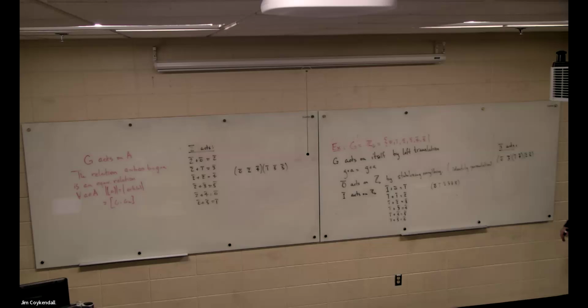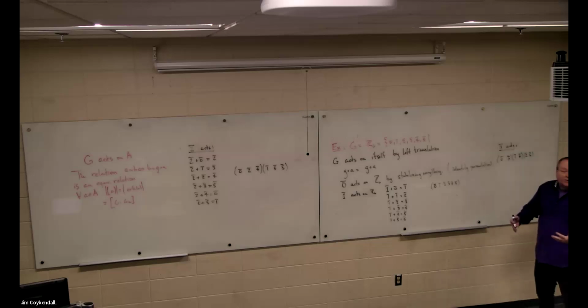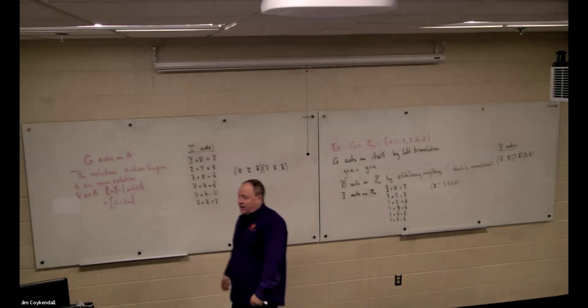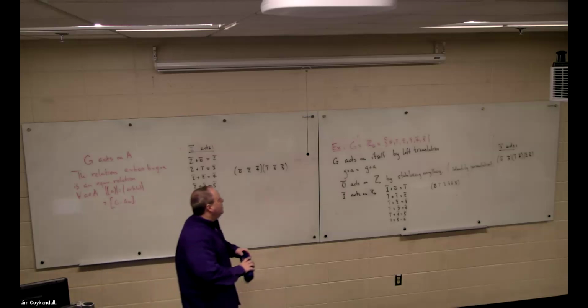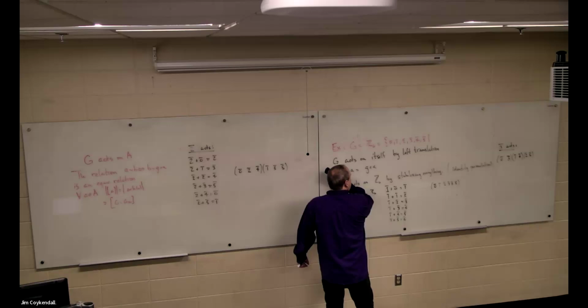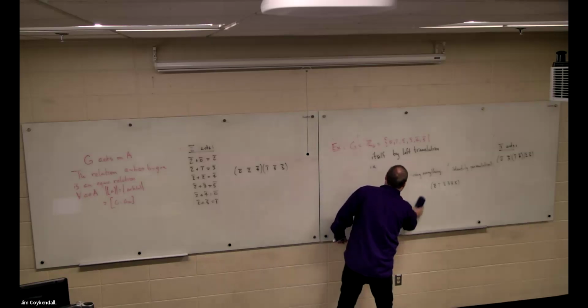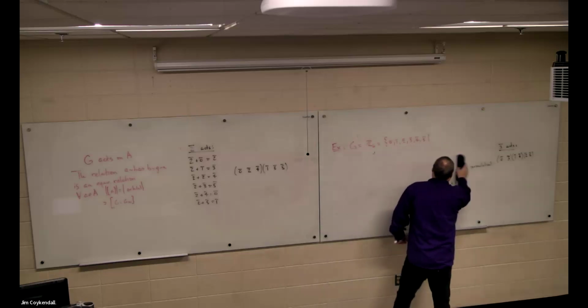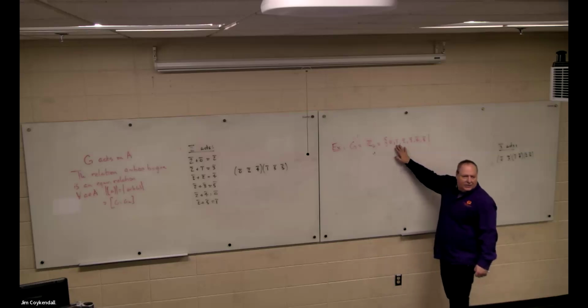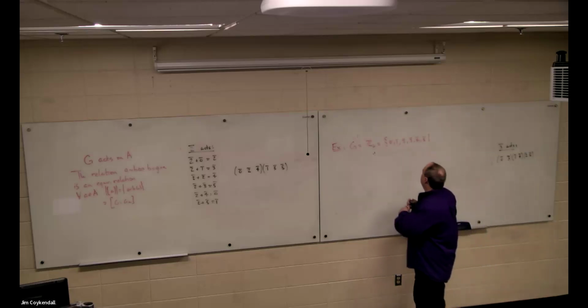Basically what we're doing is we're using this action to write Z6 as a permutation group, right? In fact, here's what it is. You can think of the following homomorphism. We're used to writing it this way, right? But you can think of it this way.